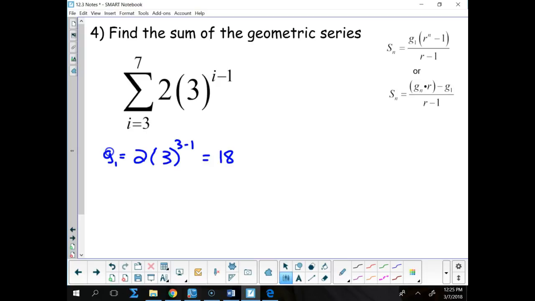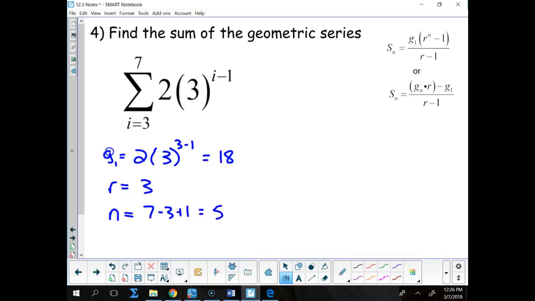I need R. What's my R? 3. I need my total number of terms. What's N? 5. 7 minus 3 plus 1 is 5.